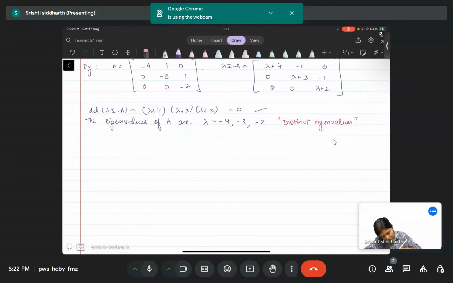Okay, unique eigenvectors to each of these eigenvalues. Find those. So we have for lambda equals minus 2, we need to find the vector v. So we need A minus lambda I times v, which is 0, or it's going to be a 3 by 1 vector, so 0, 0, and 0.